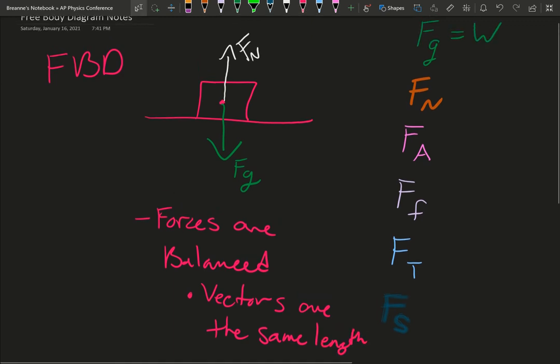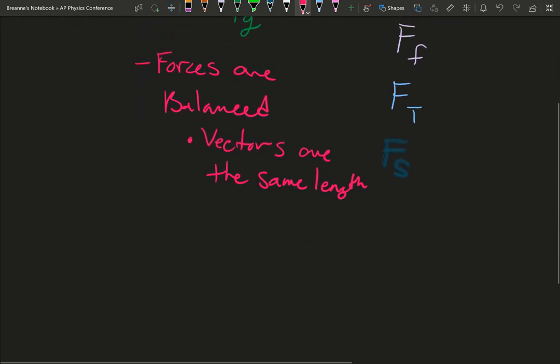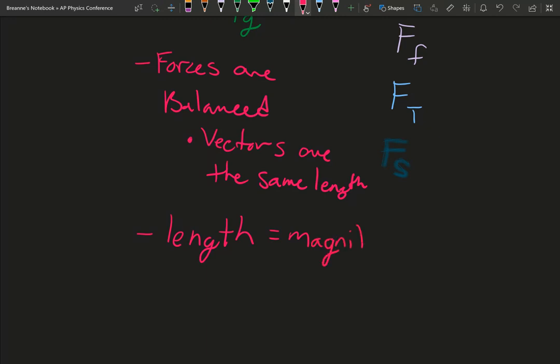Since the forces are balanced, your vectors should be the same length, because your length is the same thing as the magnitude of your force.